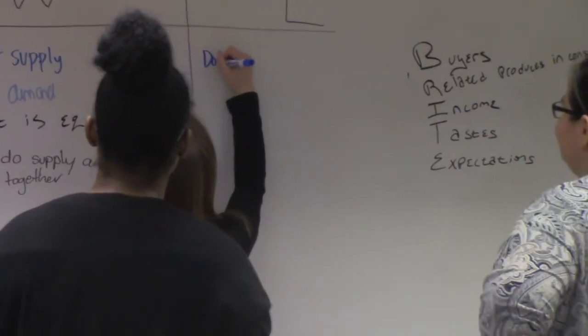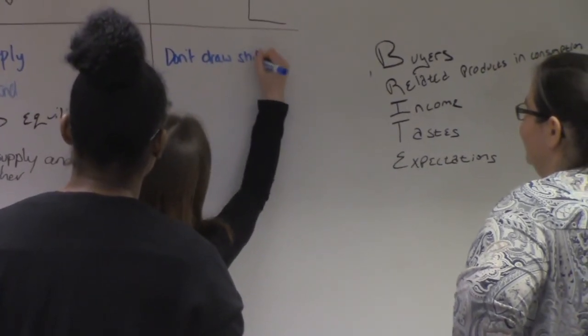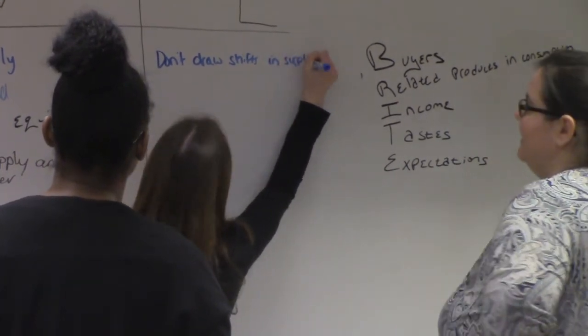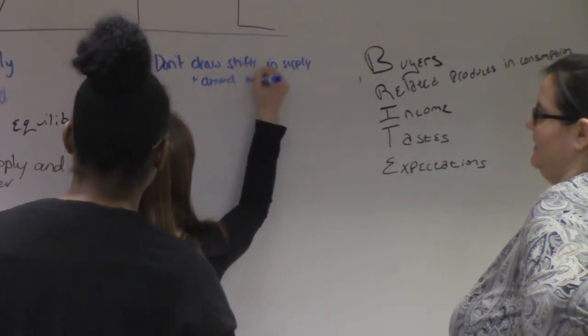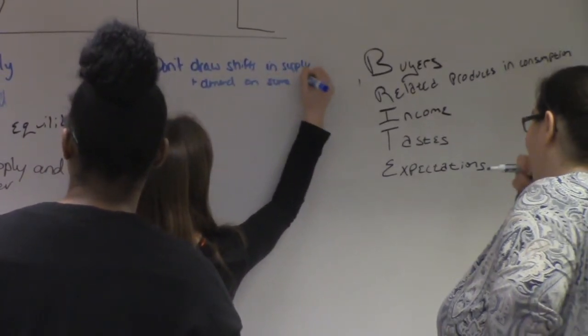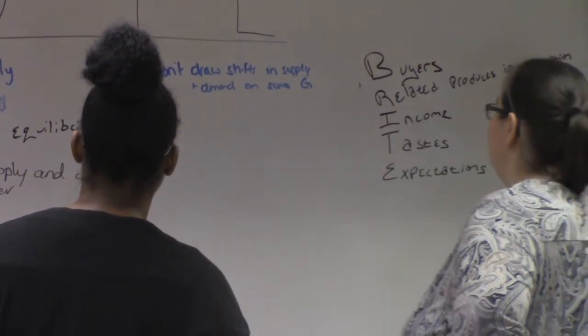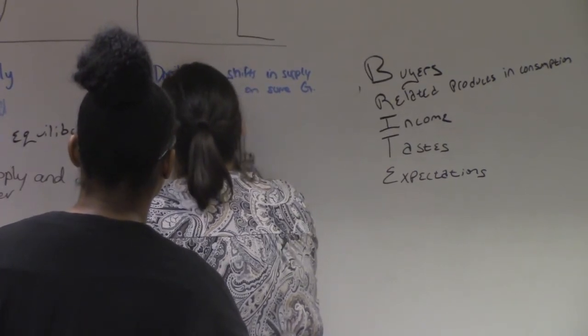I learned that you don't draw shifts for both supply and demand on the same graph. Awesome. I learned that there are two kinds of related products.